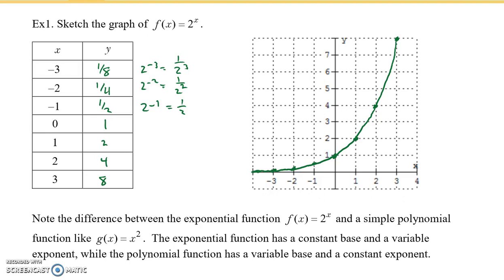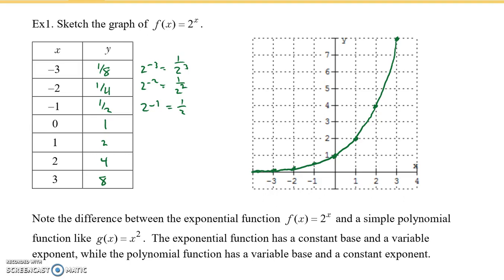But actually, we can define powers of 2 or powers of any positive base really for any real number exponent we wish. And there's a way that you can interpret that. I'm not going to go into the details, but basically the domain of the function is the set of all real numbers. We can use any exponent we wish.